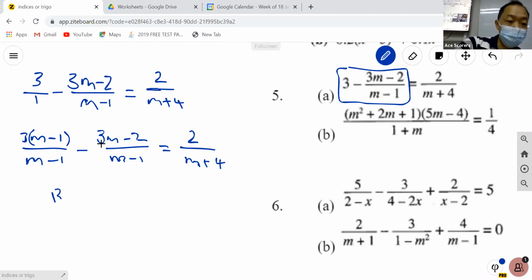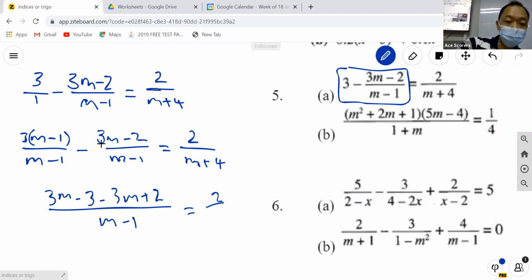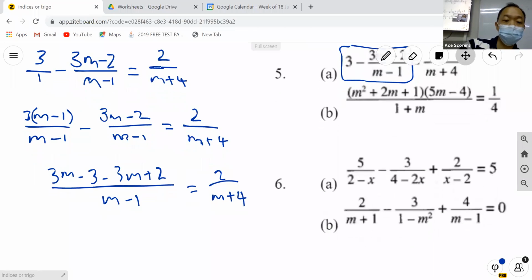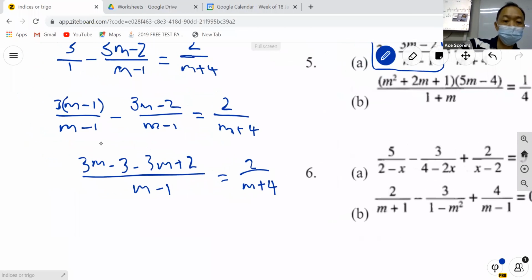I'm going to get 3n minus 3 minus 3n plus 2 over (n minus 1) equals, then evaluate. So 3n take away 3n, no more 3n, minus 3 plus 2, negative 1 over (n plus 4).